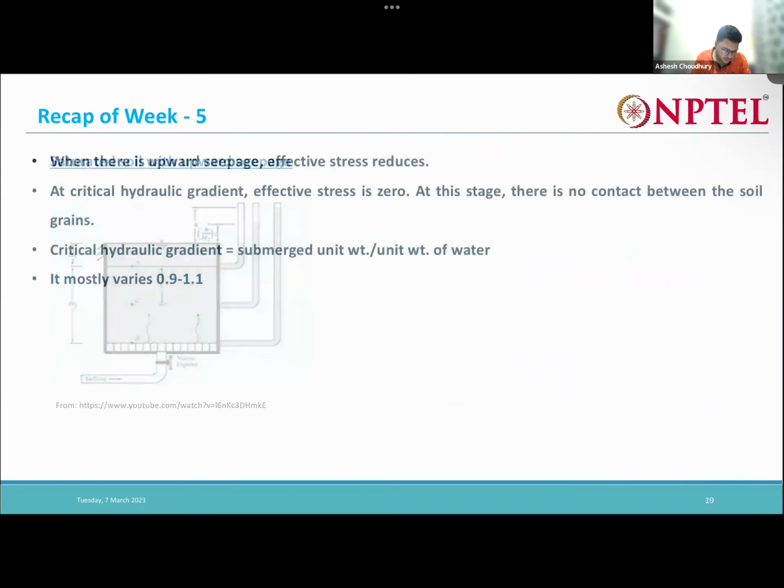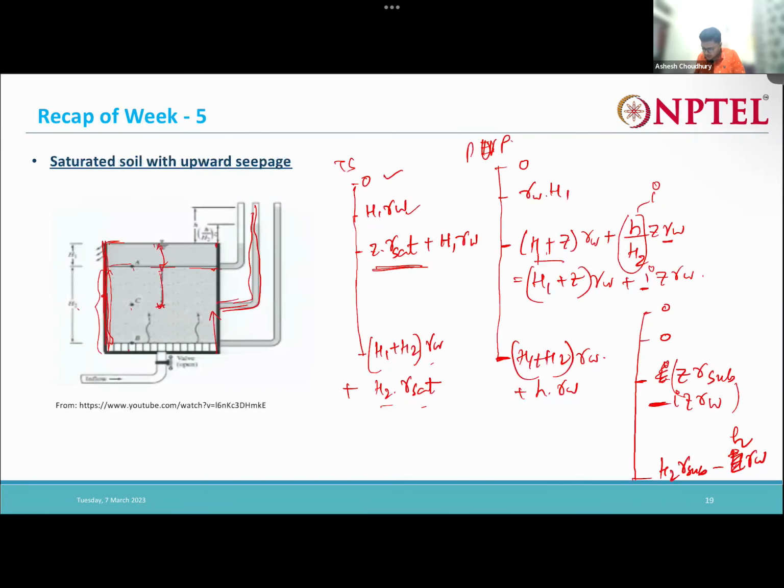Wait, I will just see. Downward seepage you are telling? It is actually there in the book. I will just wait for it.